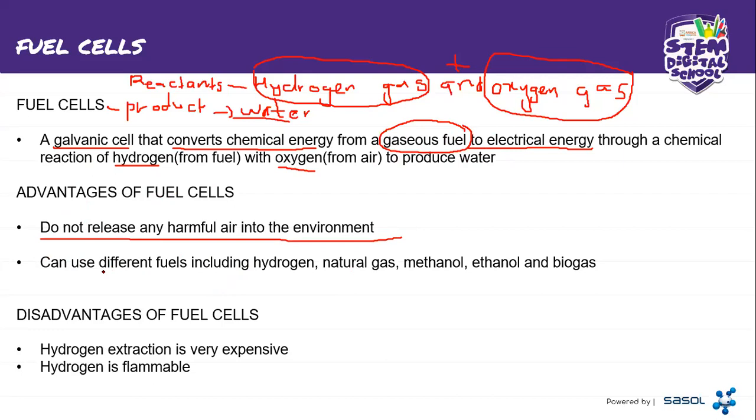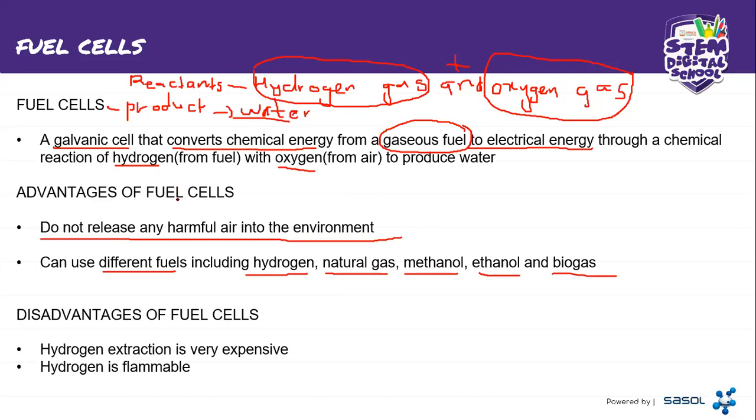You can actually use different fuels, right? Including that one with hydrogen or natural gas or methanol or ethanol or any biogas that you can think of. It doesn't always have to be the hydrogen from a gaseous fuel.